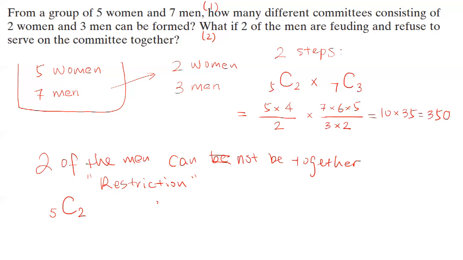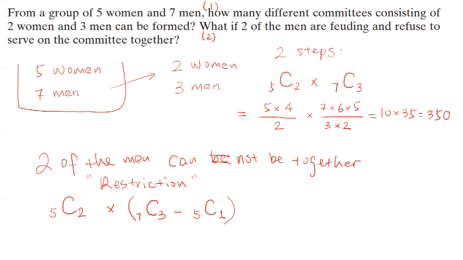So we can use the total number of ways we choose men minus the ways in which those 2 men are together. If those 2 men are together, the remaining task is to choose 1 man from the 5, right? So use C(7,3) minus C(5,1). This is the number of ways we choose men now.